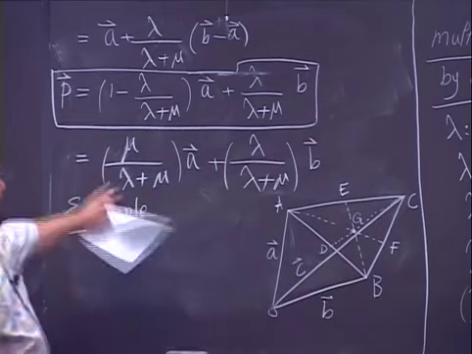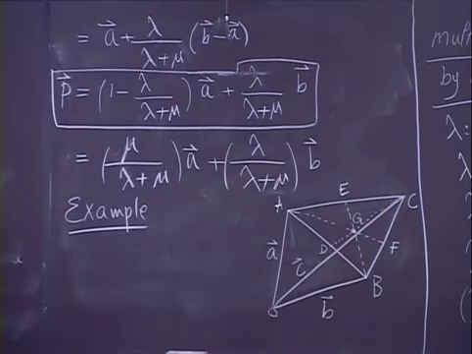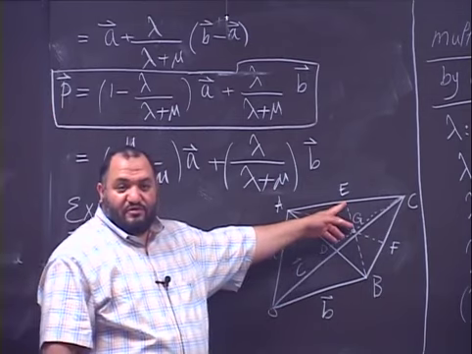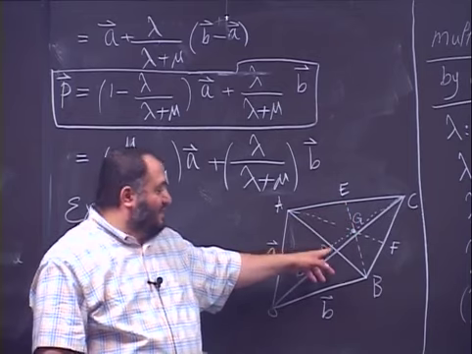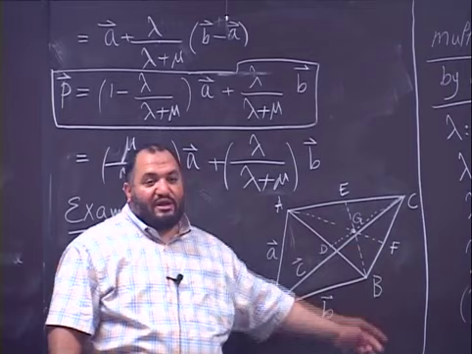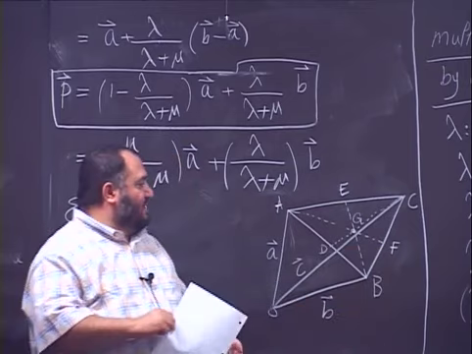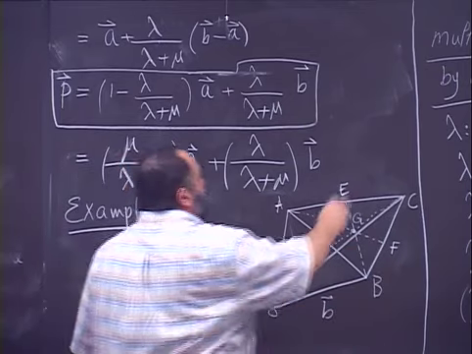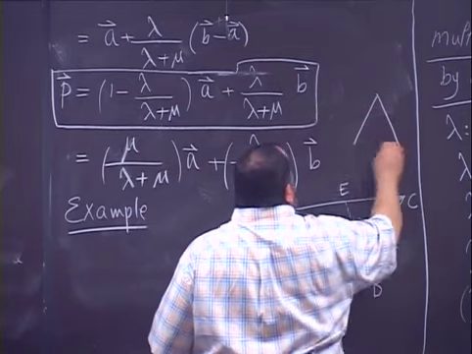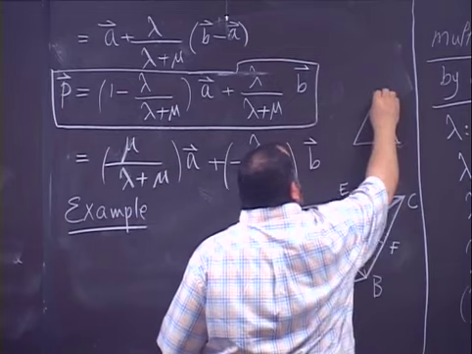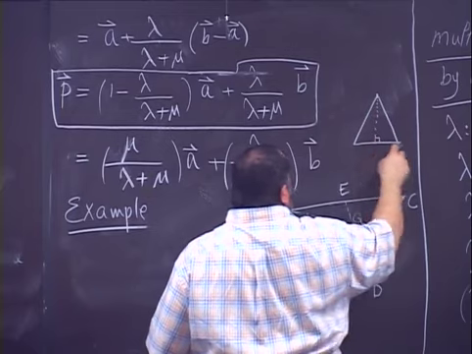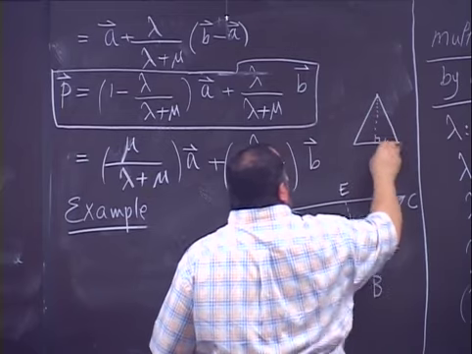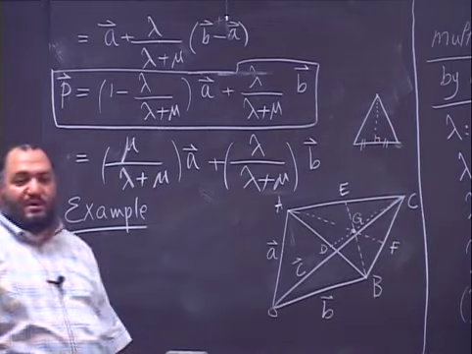So if you work out this definition for the position vector, you will know what the position vector is for this point E, for this point D, and for point F. Usually, if you have a triangle like this, and this is perpendicular to the base, it is usually divided into two equal pieces.